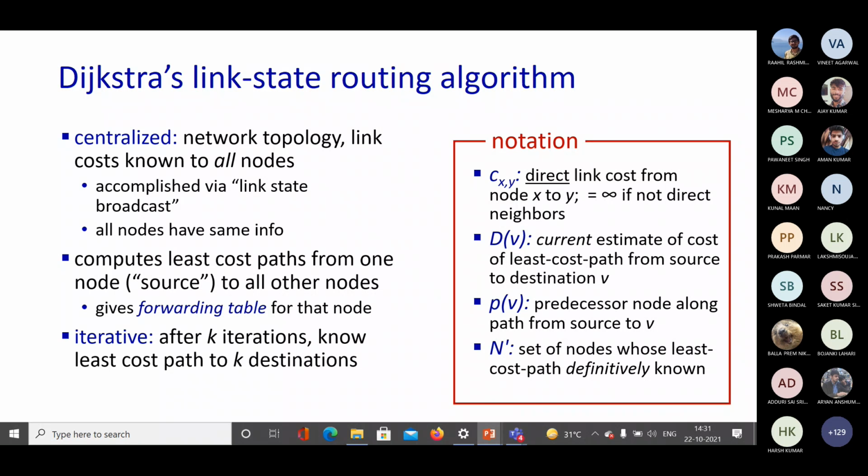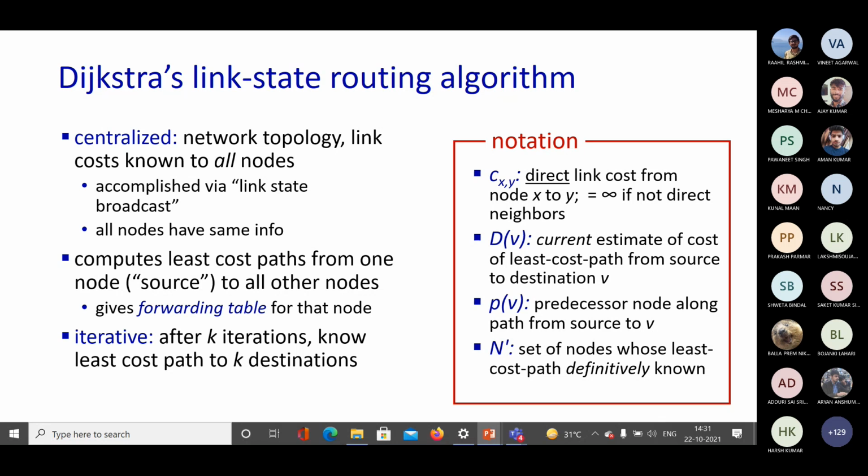So C(X,Y) is the cost from node X to Y. So cost we had already seen in the last class when I was talking about Dijkstra's algorithm. I had told you that in the network when we are looking at the cost factor, it can either be the link capacity, the bandwidth that is provided, the latency, or the number of hops, etc. Okay, so those can be considered as the costs.